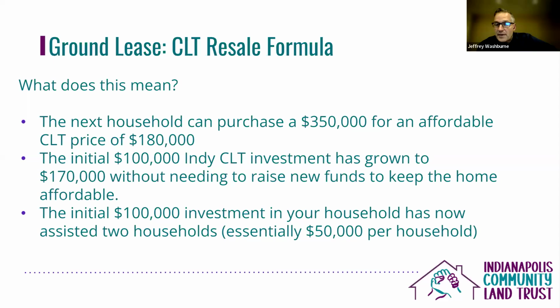And that $100,000 has grown to $170,000 in community benefit, which is going to get passed on to the next buyer without Indy CLT or other people having to go back to the funding partners and folks that are investing dollars in affordable housing to ask for more money, because we've been able to capture that additional affordability assistance through the appreciation in the housing market.